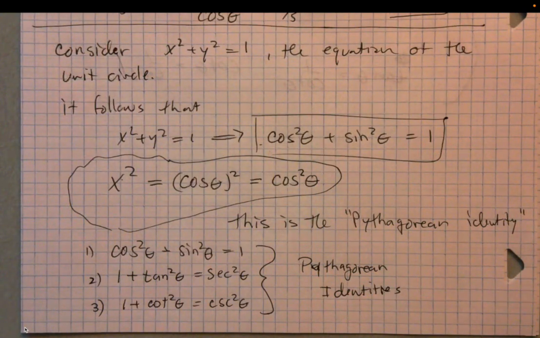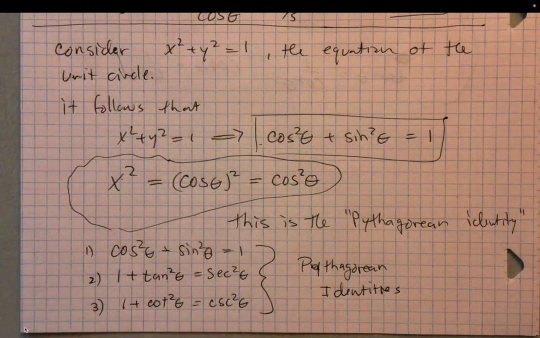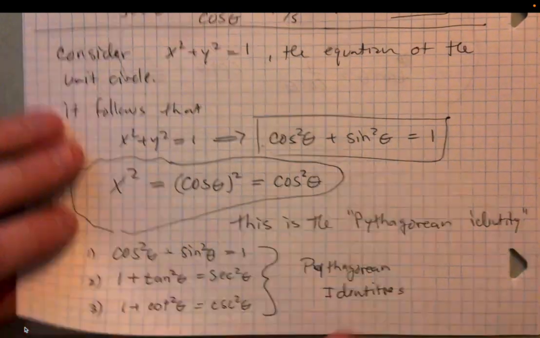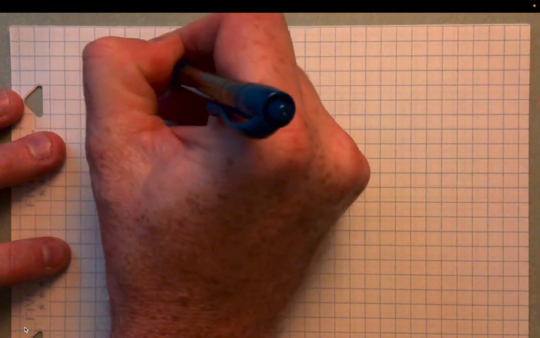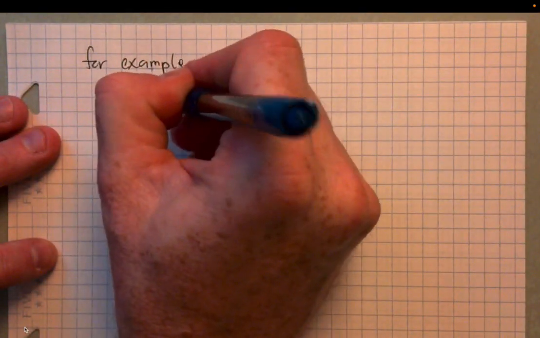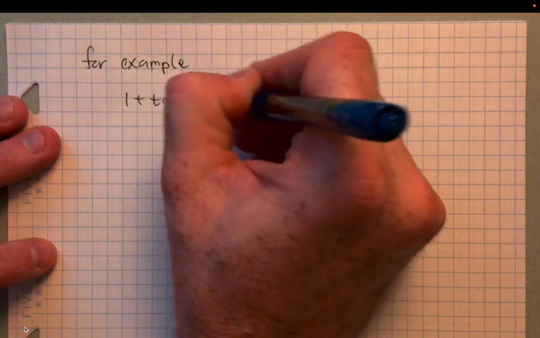The latter 2 identities, namely these 2, can be identified using just the first one. So let's see how we can do that. For example, if I say 1 plus tan squared theta equals secant squared theta, where does that come from?